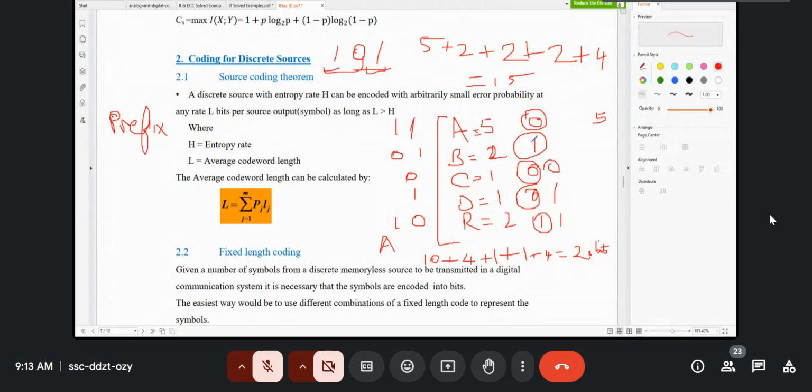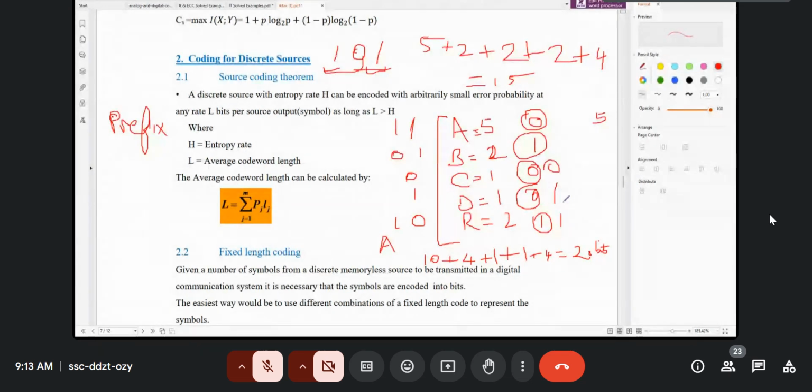So in this scenario, you can't recover at the receiver, because the moment the receiver receives this, it doesn't know whether it is C or two A's, because this can be AA. So the code is not uniquely decodable, and you can't transmit that.